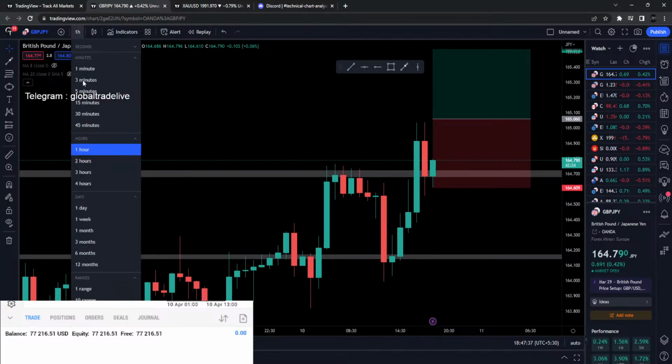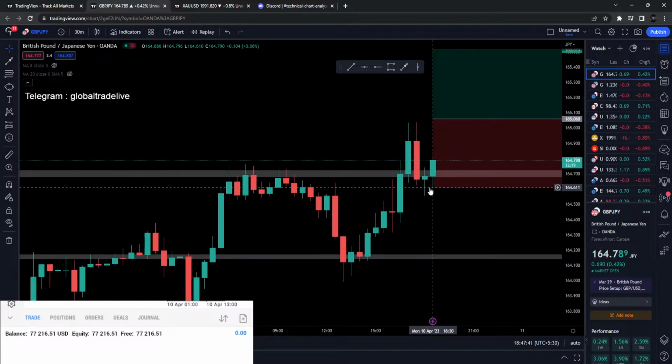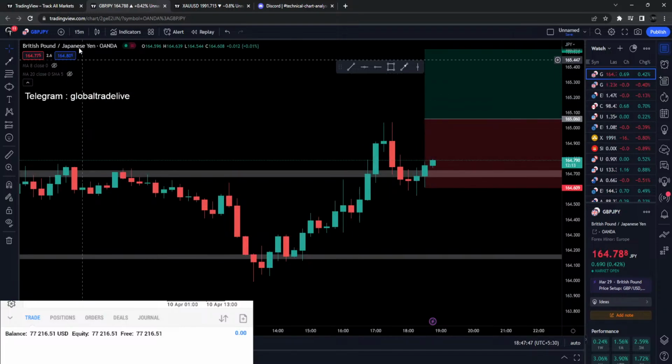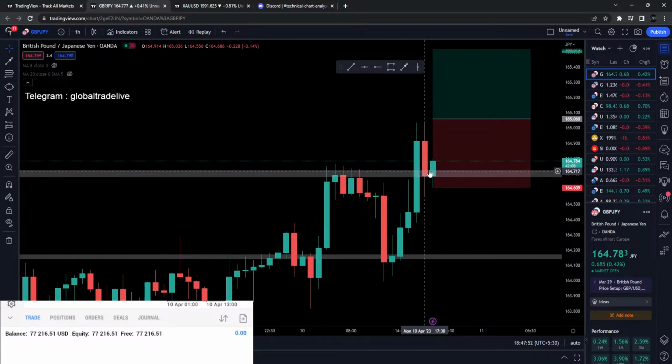GBP is also trying to push the price up. But I'm gonna just wait for the 1 hour candle to move all the way up.